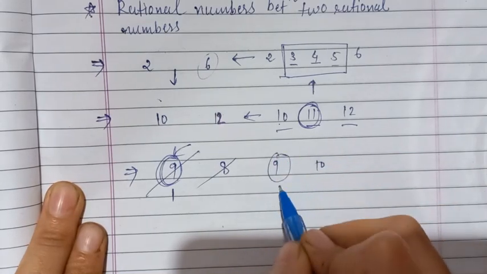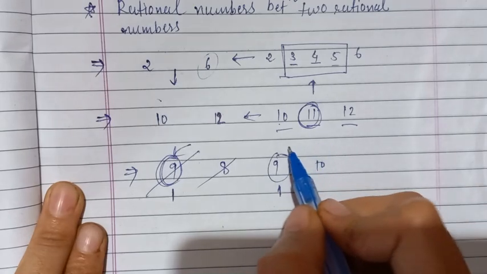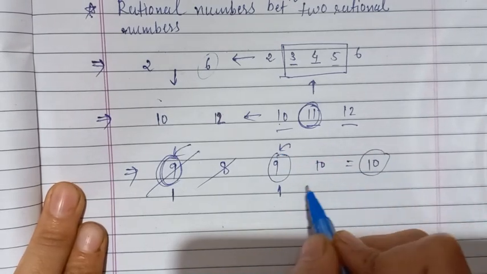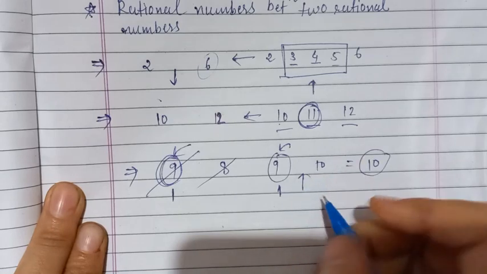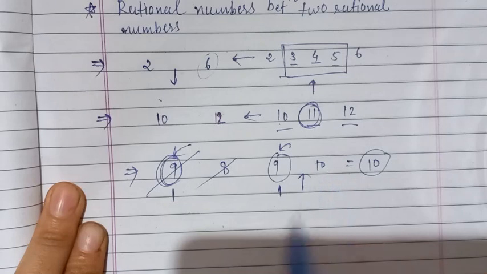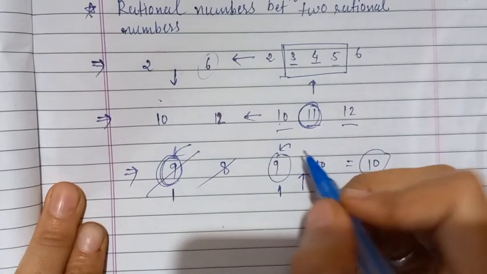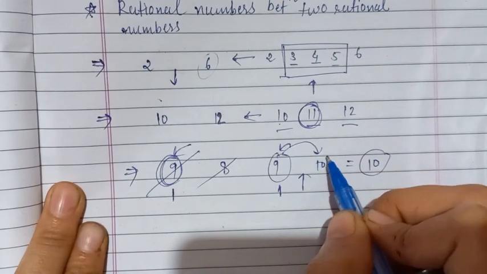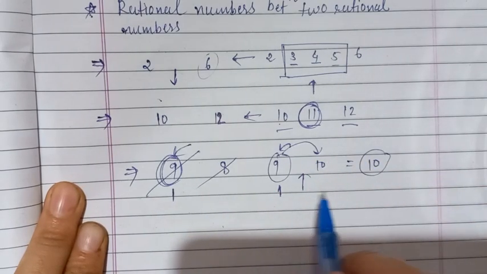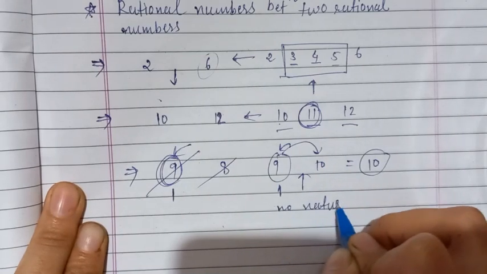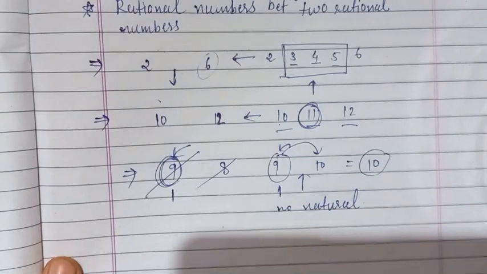There are rational numbers between 9 and 10, but no natural number, because directly if we add 1, we get 10.